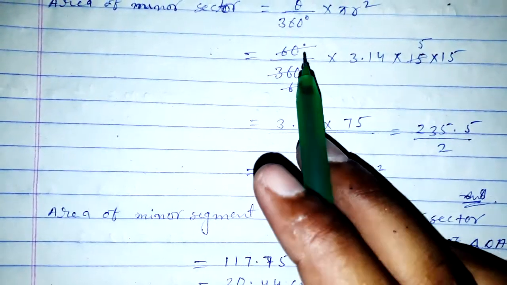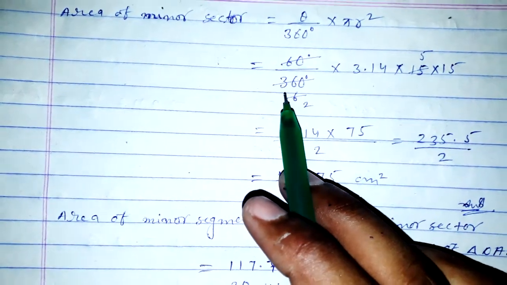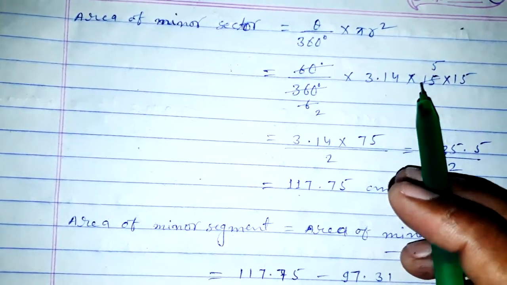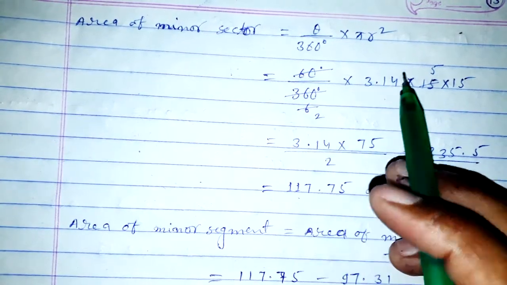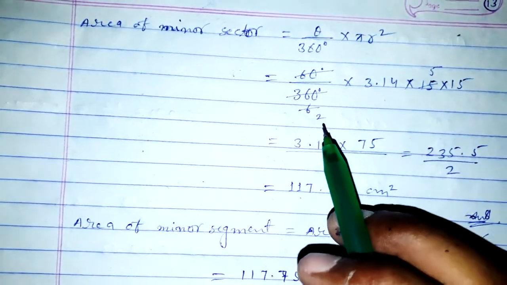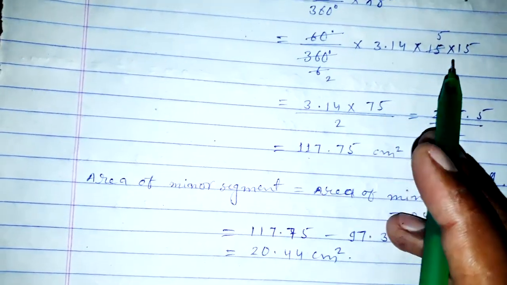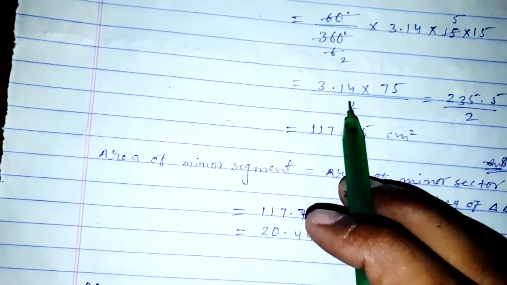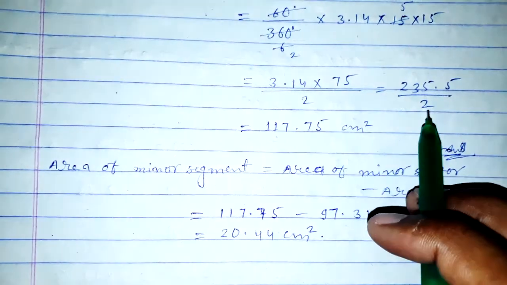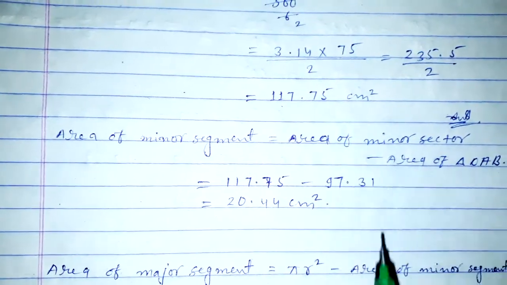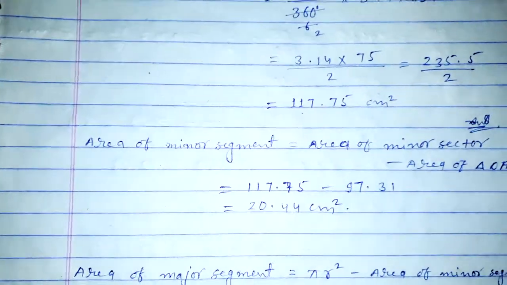Solve this. 60 divided by 360, so this is 6 times, and 3 2s are 6 and 3 5s are 15. 2 5 into 15 3.14. So 5 into 15 is 75 divided by 2. This is multiplied here. So 235.5 divided by 2. So this is complete division.